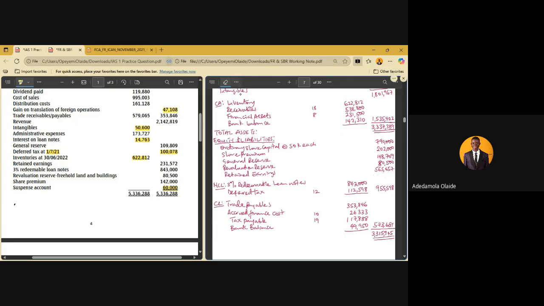So we'll come here and say gain on translation of foreign operations. How much is that? 47,108.